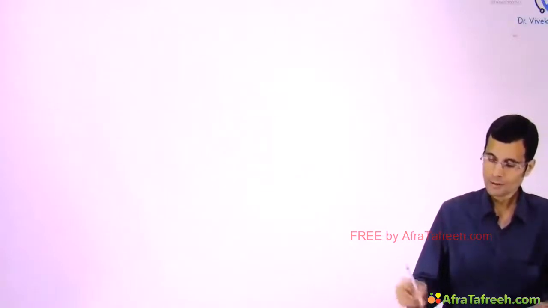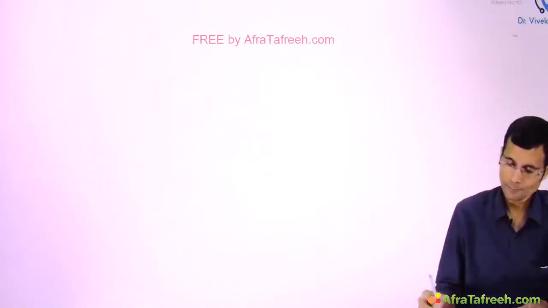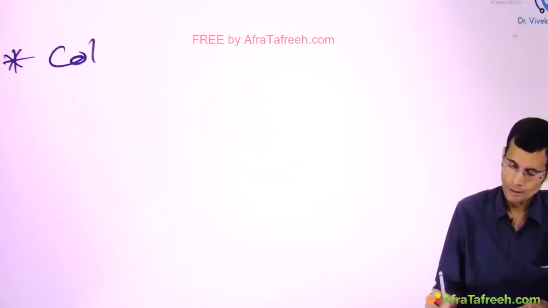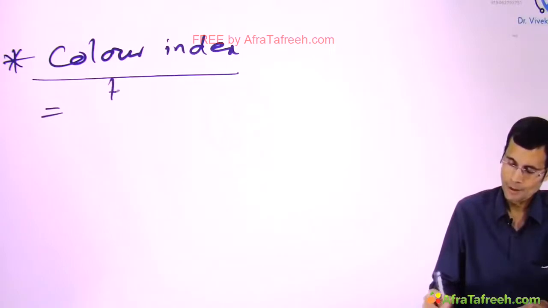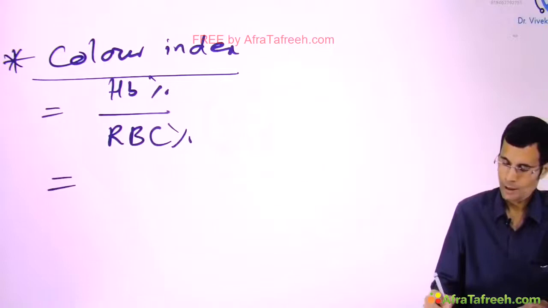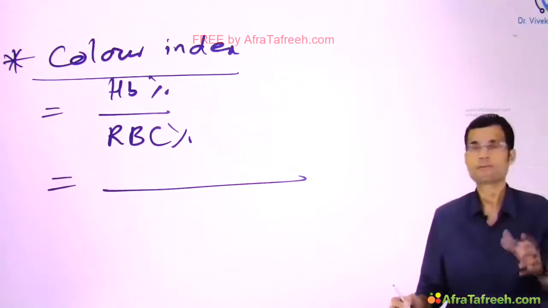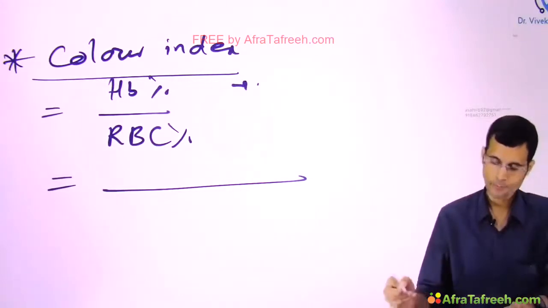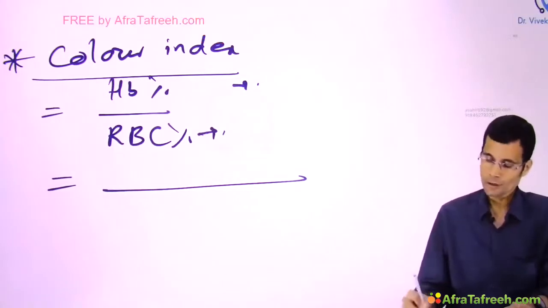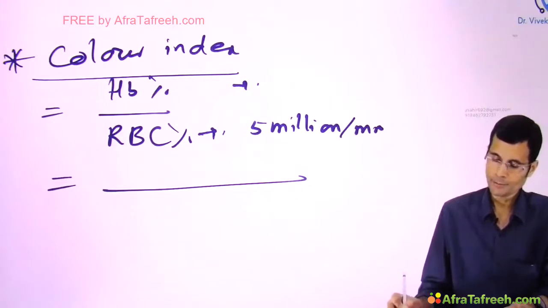And the last one of the blood indices is the color index. Color index is hemoglobin percent upon RBC percent. Now what does it mean? You see, 14.5 grams percent of hemoglobin is taken to be 100%. And an RBC count of 5 million per cubic millimeter is taken to be 100%.